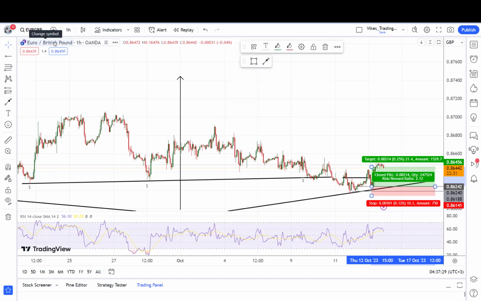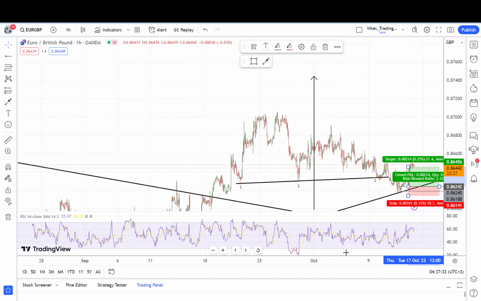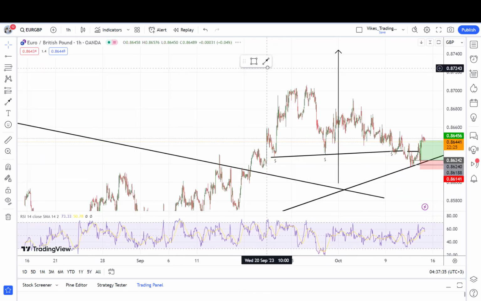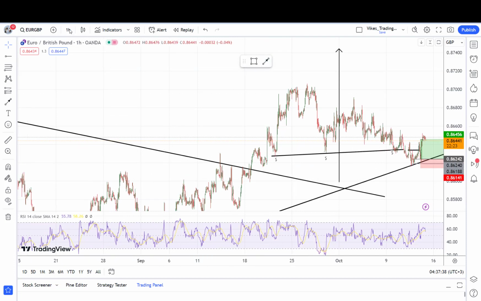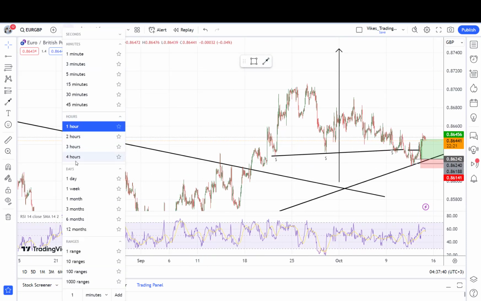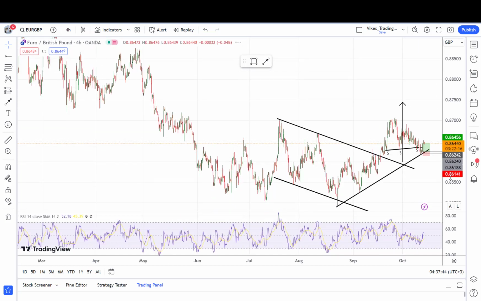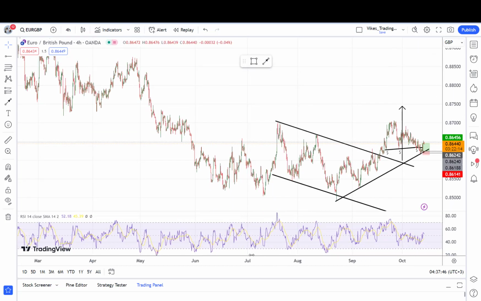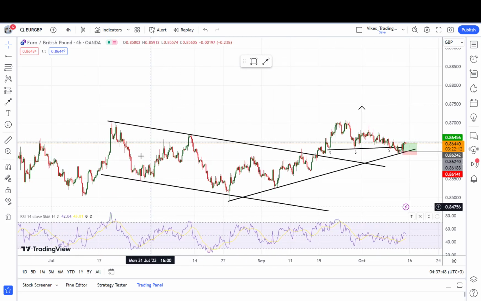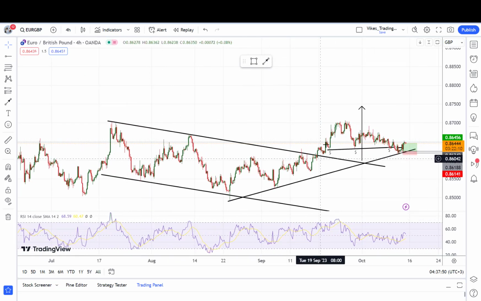So for such a trade, you've seen confluences of a break of a descending channel, where we saw it in the 4-hour, a break of the descending channel. Okay, we saw a break on the upper side.